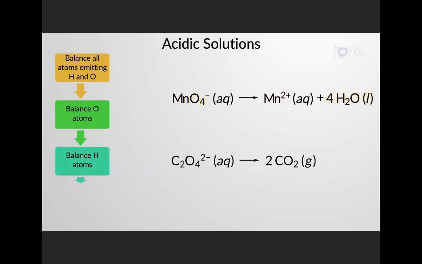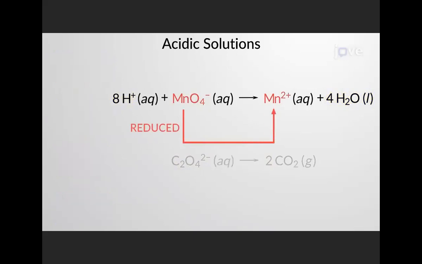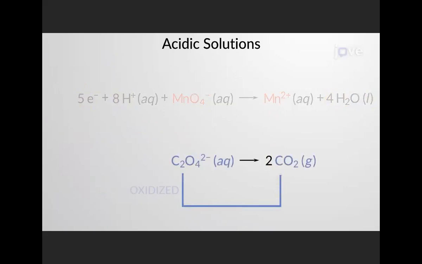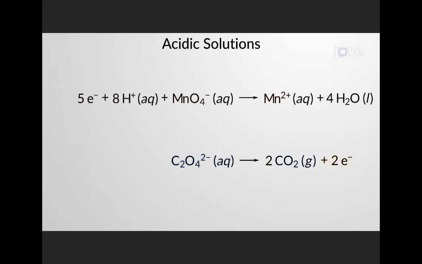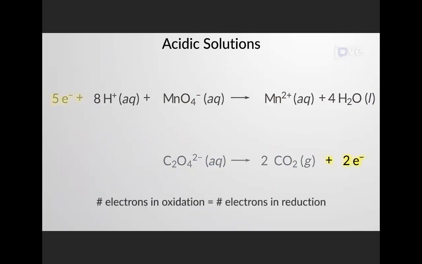And thirdly, balance hydrogen atoms by adding protons where required. Balance the charges by adding electrons. Since manganese is reduced, 5 electrons are added on the reactant side. Conversely, oxalate is oxidized, thus 2 electrons are added on the product side. Multiply the half reactions by an integer so the number of electrons added is equal.